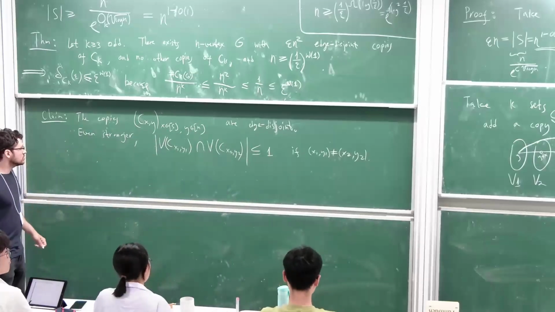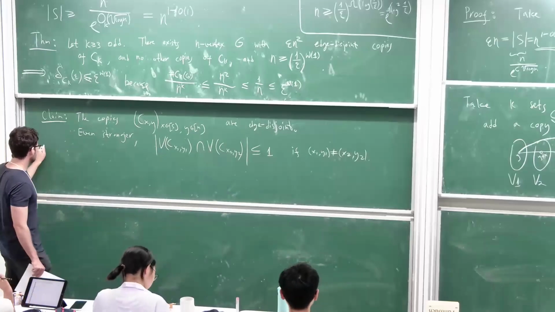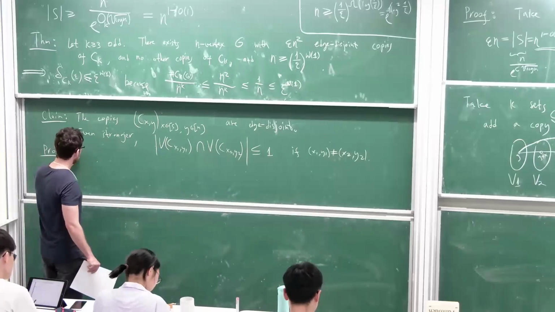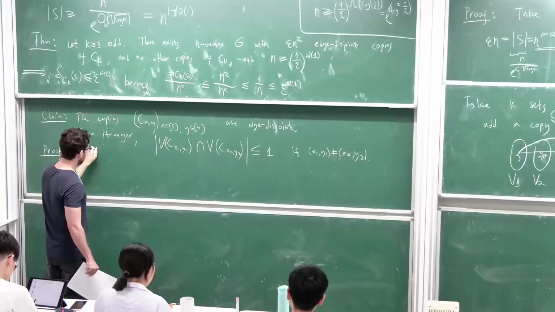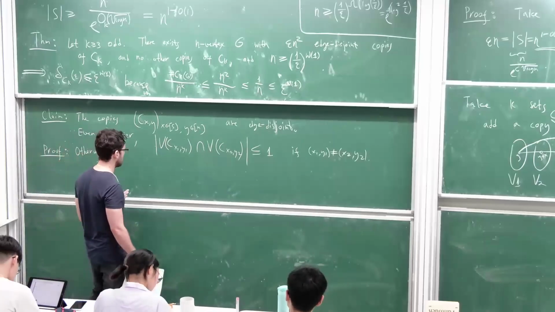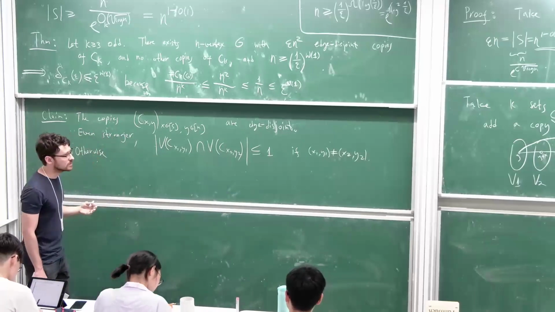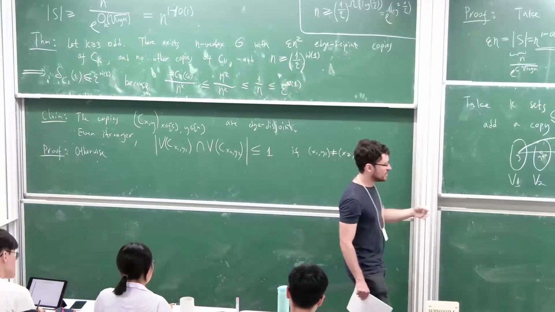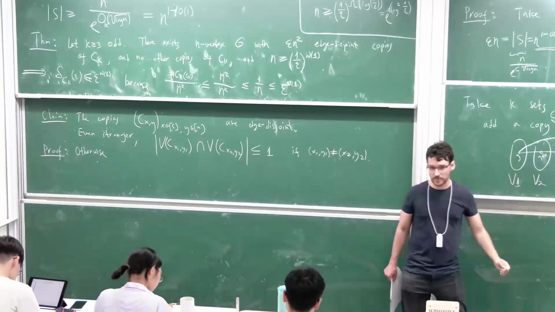Okay, so why is that true? Otherwise, suppose that they intersect in two vertices, so they share a vertex in some set Bi and also in some other set Bj.